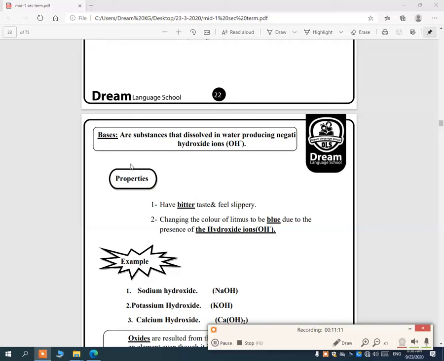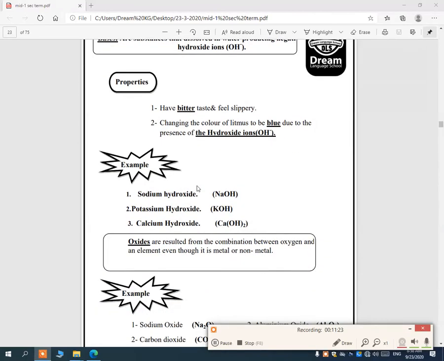Now let's talk about the bases. All bases are substances that, when they dissolve in water, produce the negative hydroxide ion, which is OH negative. The properties of bases: they have a bitter taste and feel slippery. And they can change the color of litmus paper to blue. Why? Due to the presence of hydroxide ion, or OH negative.